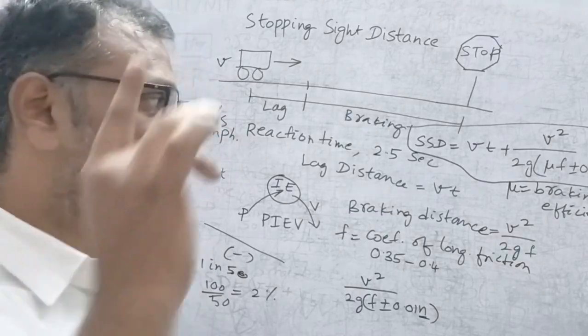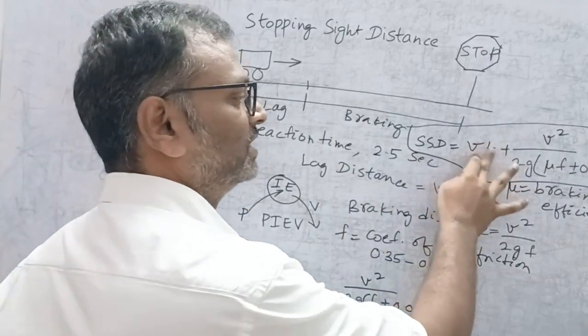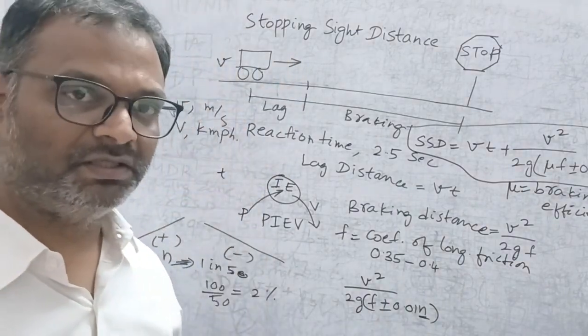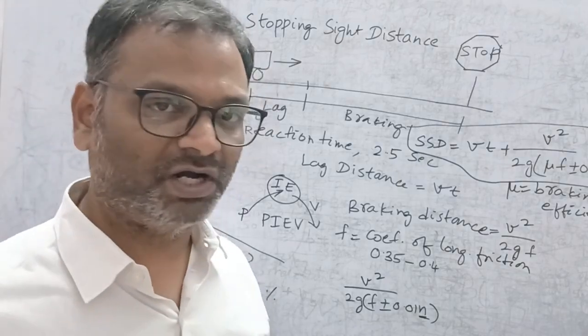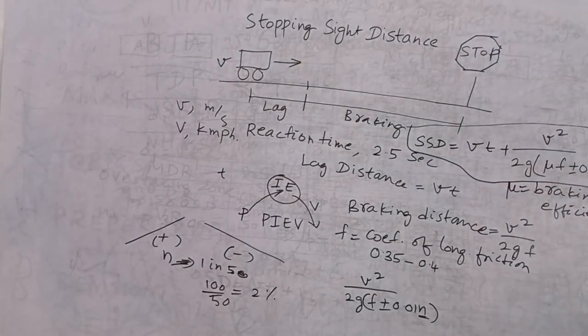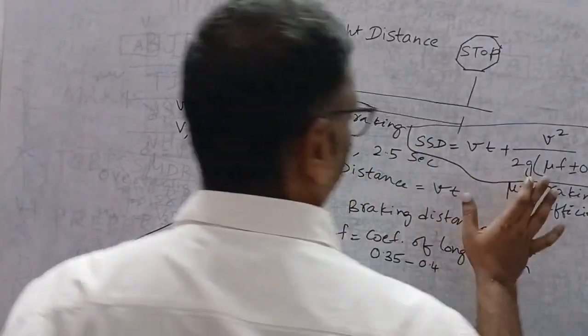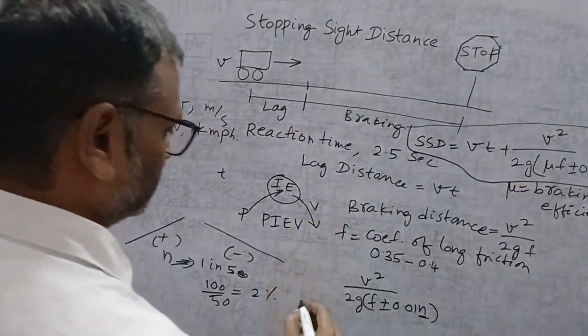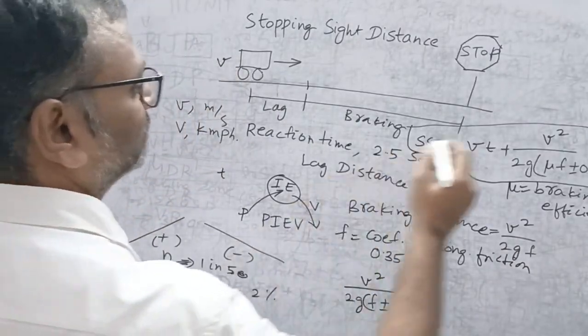If the design speed or speed of the vehicle is not given, then we have to adopt the design speed of the vehicle, and I'll explain now how to adopt that design speed. Also, this is valid only for roads where there is no opposite traffic.